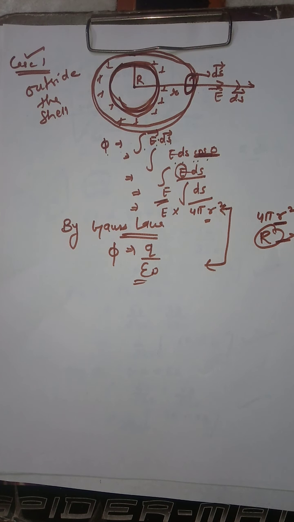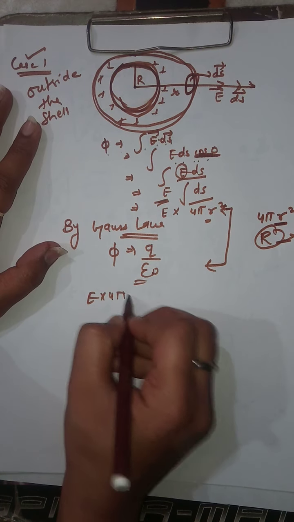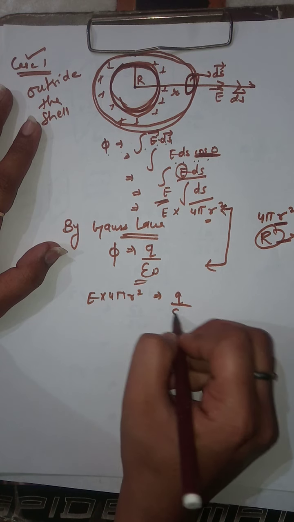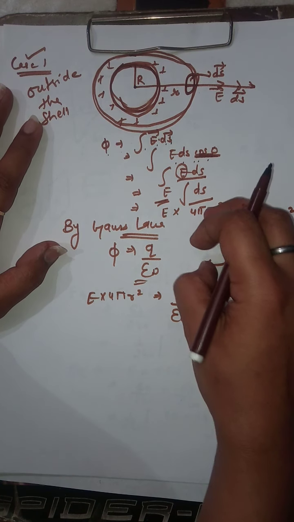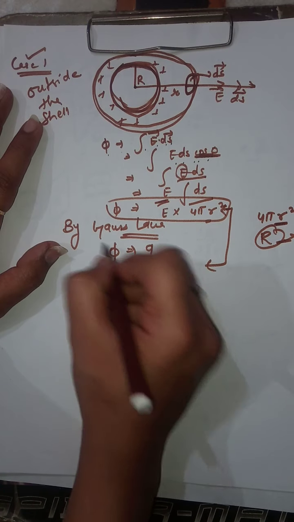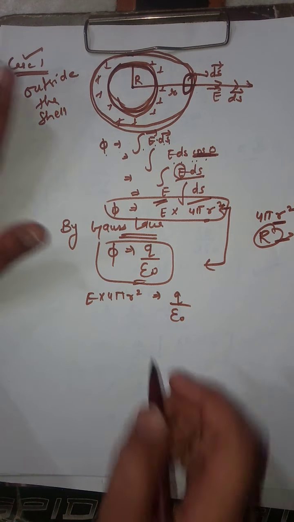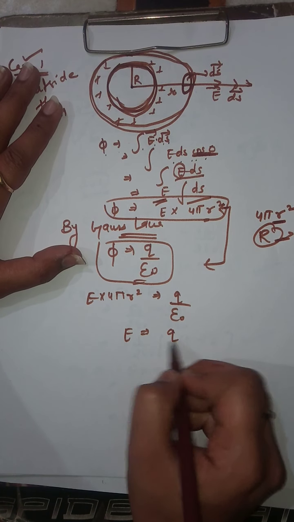By these two statements, we can write E multiplied by 4 pi r square is equal to Q by epsilon naught. Why? Because both of these are the expression of electric flux, so we can equate them.